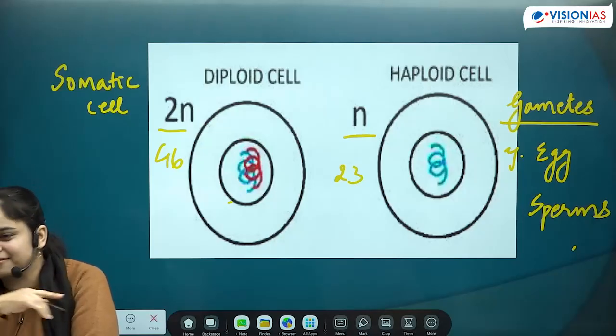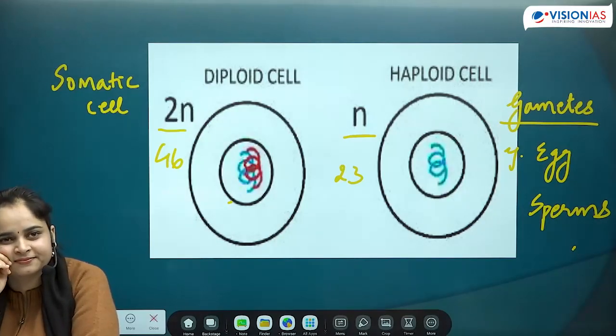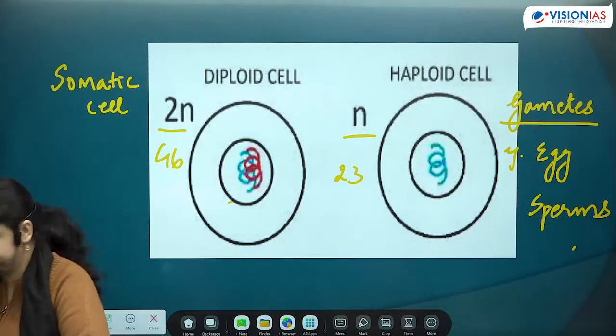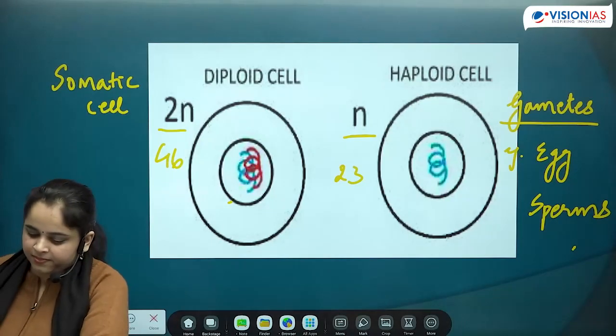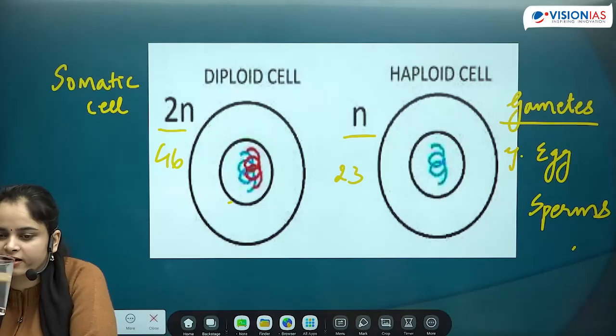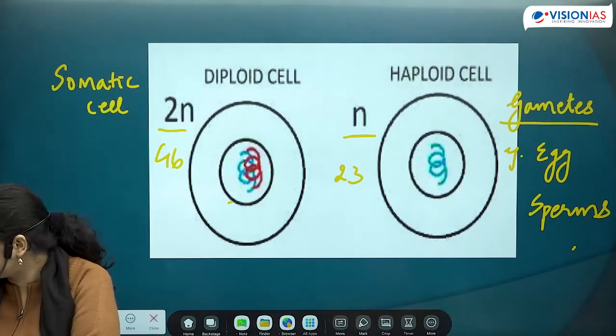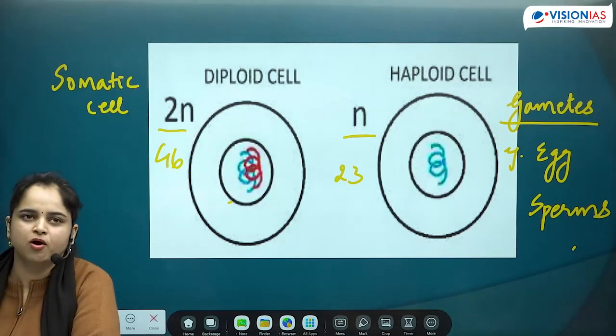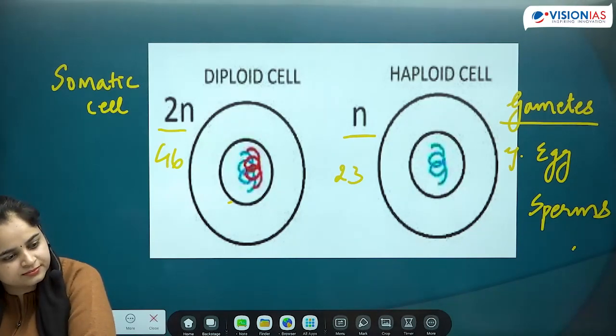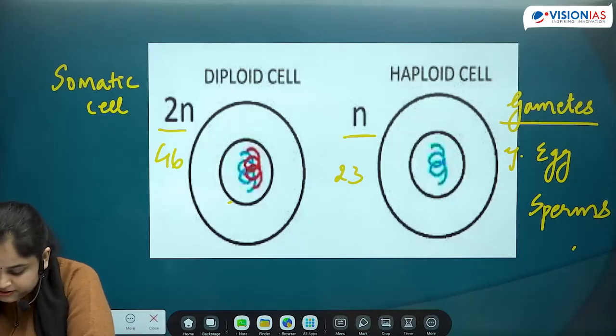Let's write these terms. Please write haploid. Haploid: it is a single set of unpaired chromosomes, represented as n.